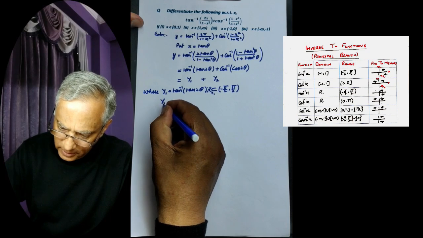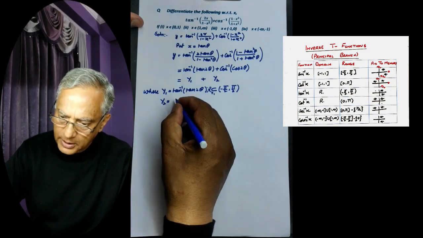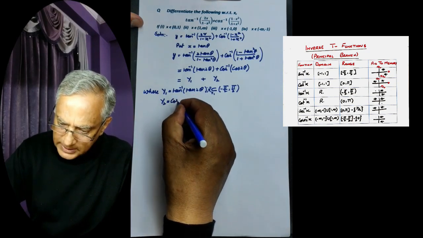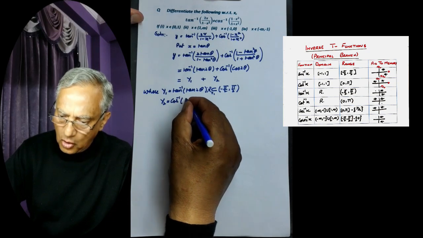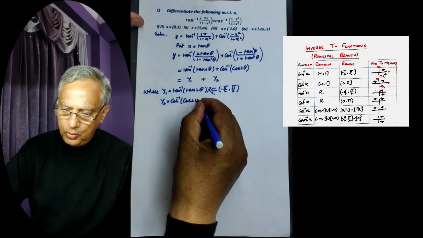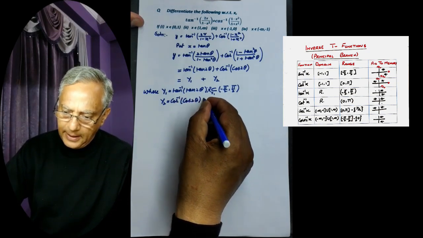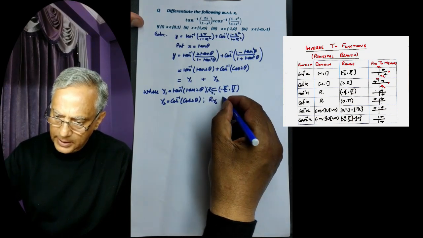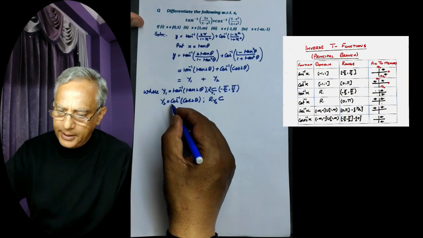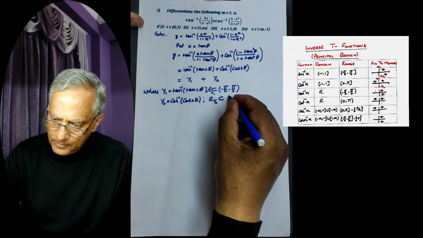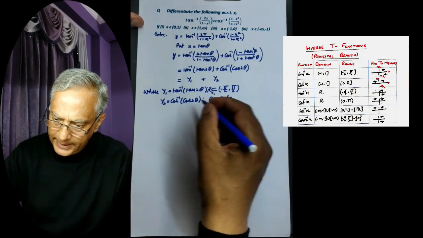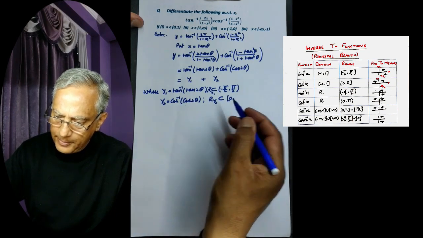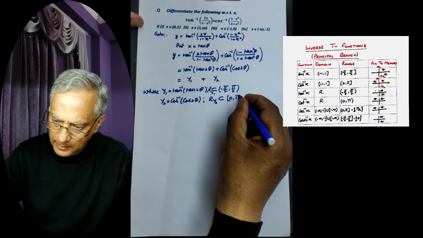And y2 is equal to cos inverse cos of 2 theta, and the range of y2 is a subset of the range of cos inverse, which is 0 to pi.